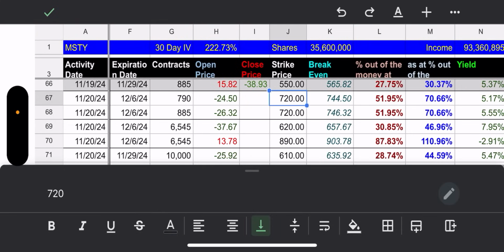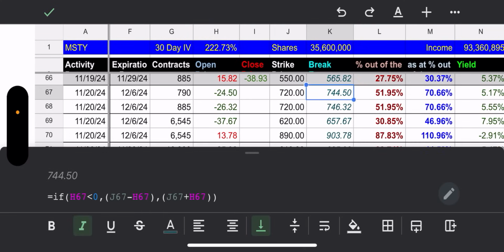All right. Now, the strike price shows 720. Okay, that's an important number. Now, what's the break even? Well, the break even shows you, basically, assuming they go all the way up until Friday at the end of the closing period, what price can MSTR be without them losing money? This is the break even, right? So you want to stay below the break even.